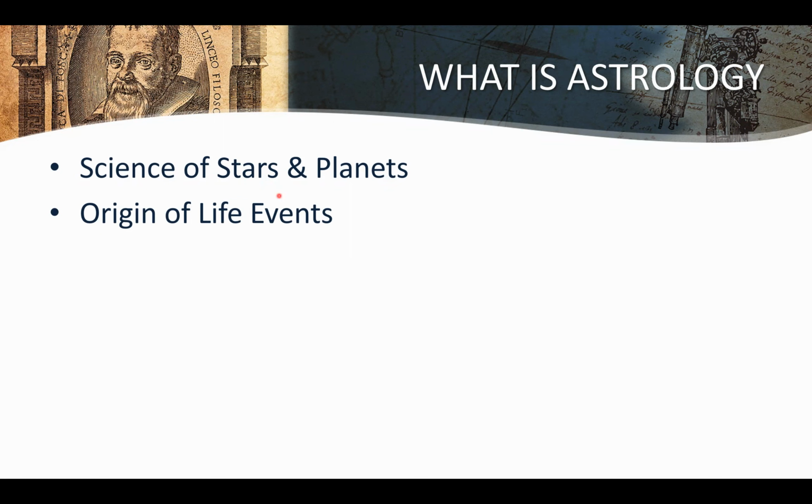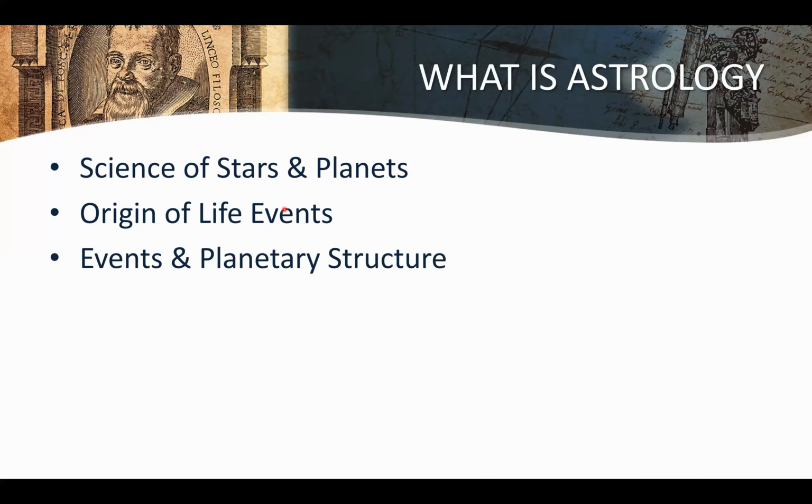Almost all of us are interested in how these events occur. These events occur due to the interplay of the planets, and these planets, due to continuous motion, create different types of events on Earth, and the birth time of a human is also an event.